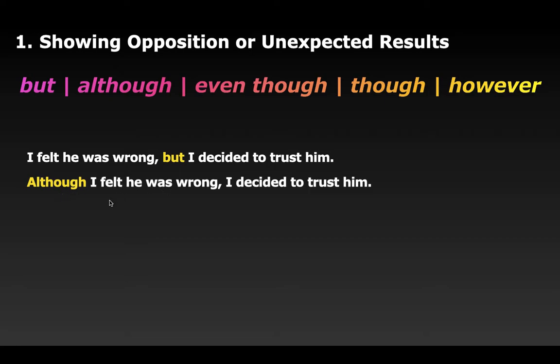I felt he was wrong, but then the result is here: I decided to trust him. So you don't put although in the result. You put it in the cause, for lack of a better word. But you don't put it in the result, because for the result you use but. So can you see the difference?